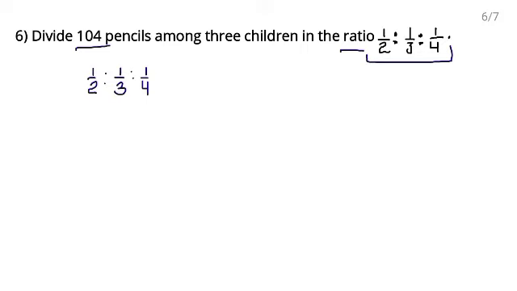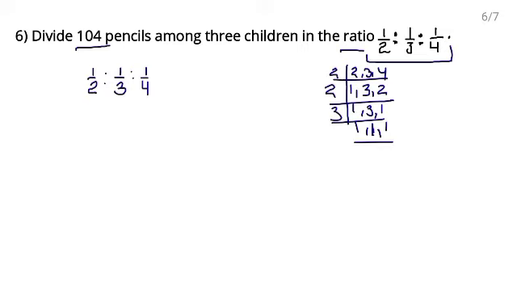First of all, take the LCM of denominators 2, 3, 4. 2 ones are 2, 3 as it is, 2 twos are 4. 1 as it is, 3 as it is, 2 ones are 2, 3 ones are 3, 1 as it is. So the LCM is 3 twos are 6, 2s are 12. Multiply the first fraction by LCM 12, similarly the second by 12, similarly the third by 12.